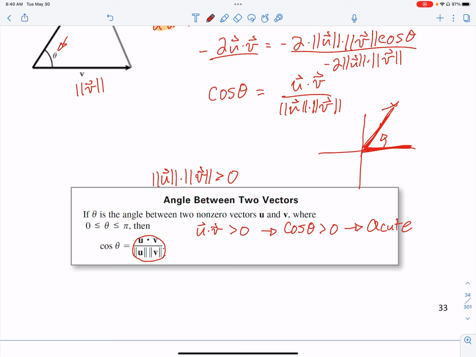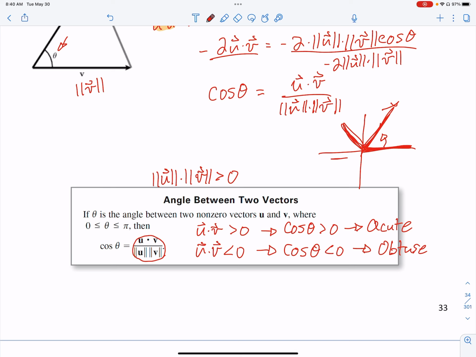Remember, cosine is my x value. If I go past here, cosine becomes negative because we're in the second quadrant. So if u dot v is less than 0, then cosine theta is less than 0, which means it's an obtuse angle because it's over in the left quadrant.